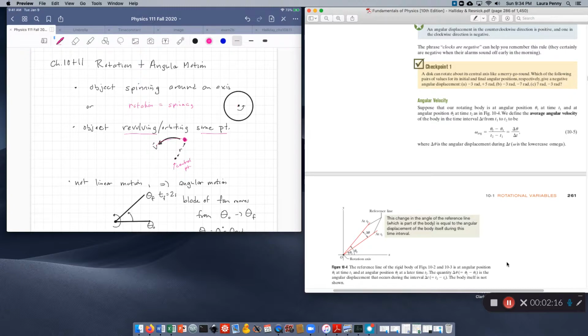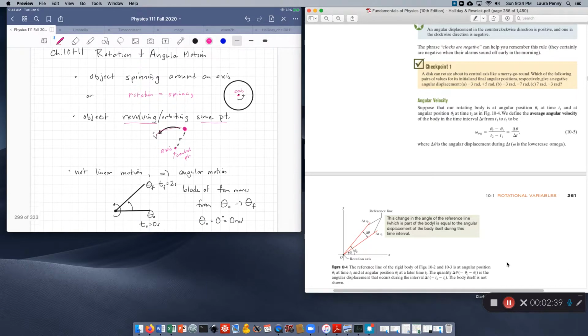So here, this is a spin where the axis is inside the actual object. And here, this is a revolution, or orbit, where you go around some outside axis.